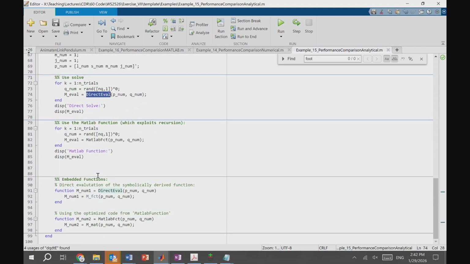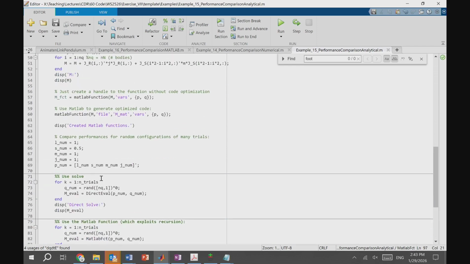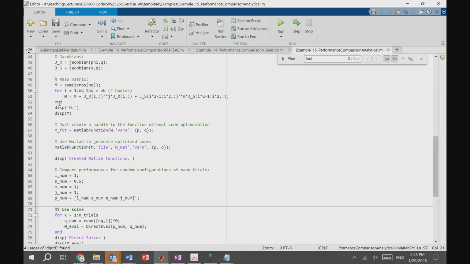Both of these are just wrapper functions. I could have done this with anonymous functions, but I find these a little bit confusing sometimes to read. One is called M function, and one is called MMAT. They are both derived from this analytic expression that I just copied into Notepad using MATLAB function.